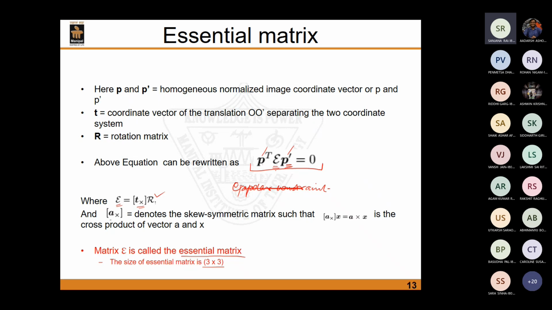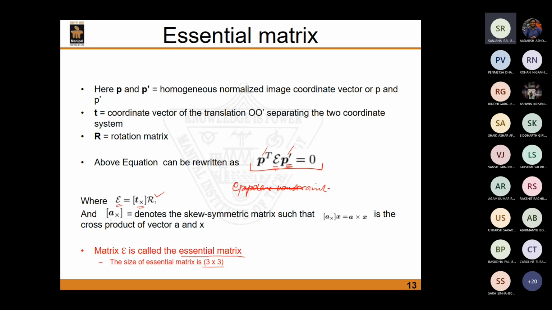Then we also saw some basic concepts of epipolar geometry. In epipolar geometry, given an image point P, a 3D point capital P, and the optical centers over there, we can say that the corresponding image point P dash in the image plane pi dash would lie along the epipolar line L dash.